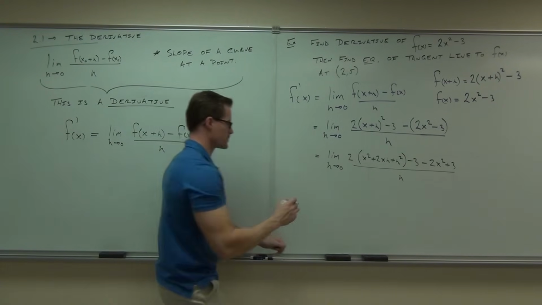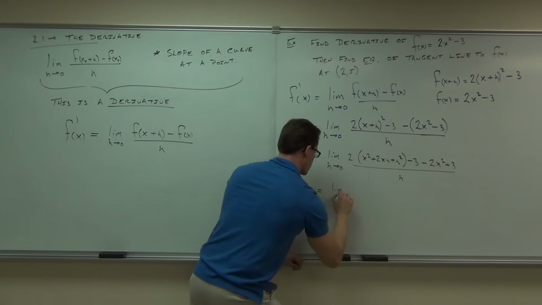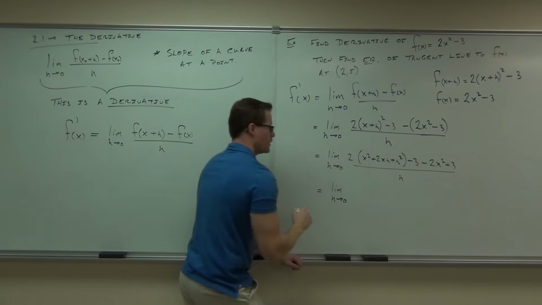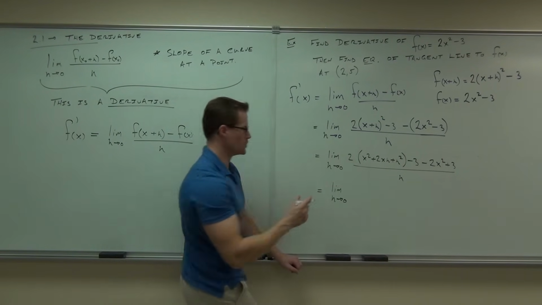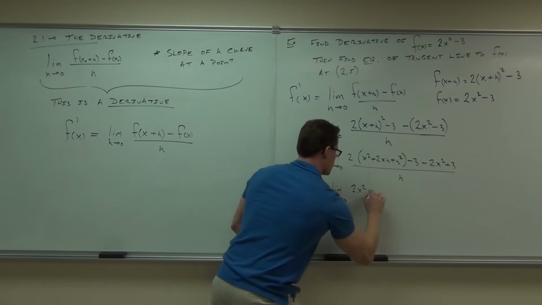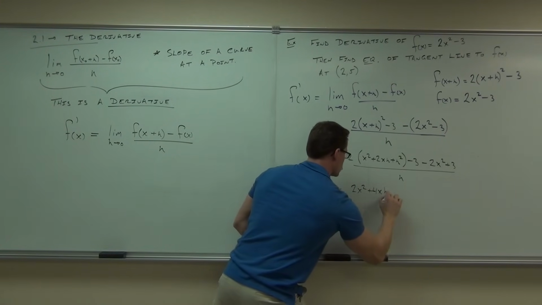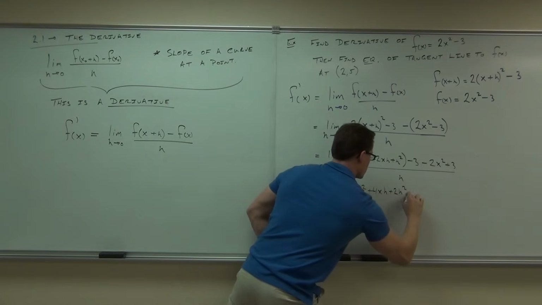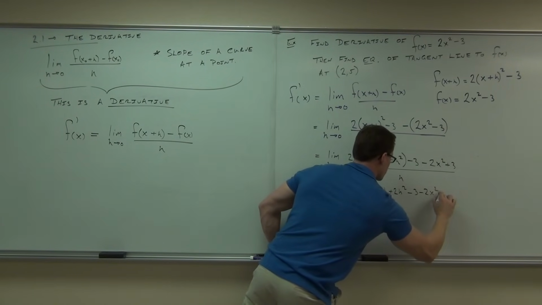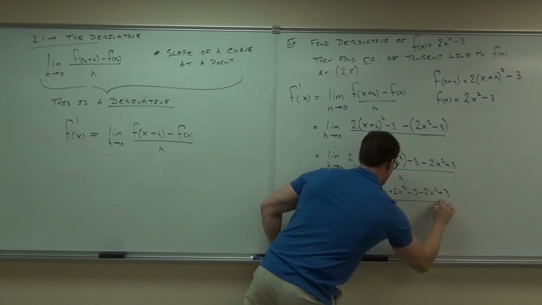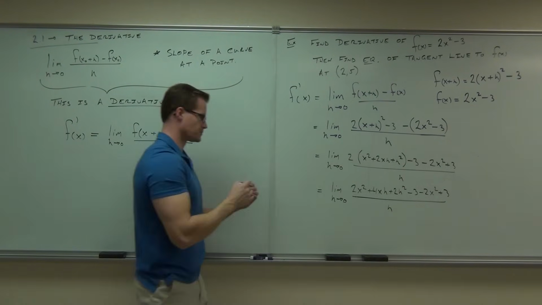A couple more steps. Well, we still got to distribute that 2. So we'll get our 2x squared plus 4xh plus 2h squared minus 3 minus 2x squared plus 3 all over h.